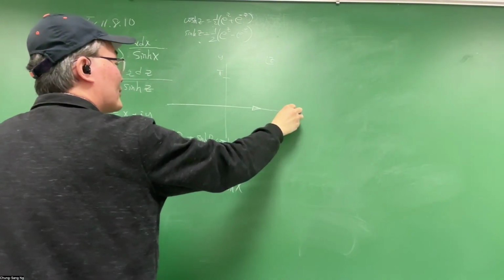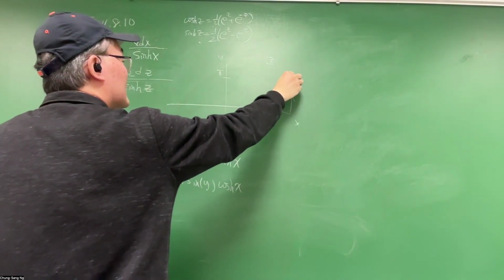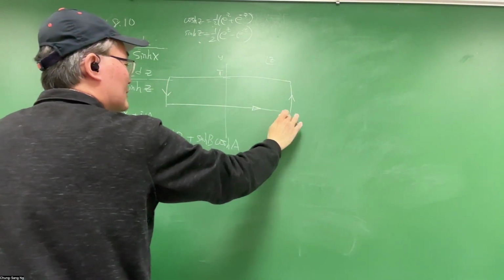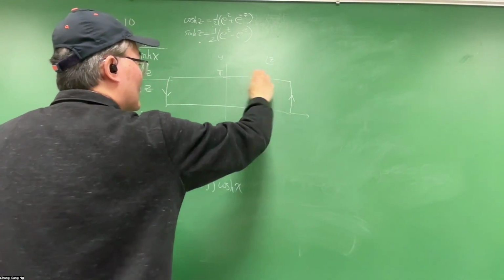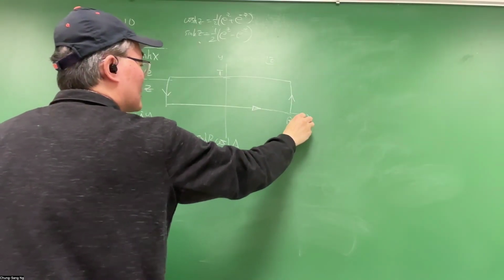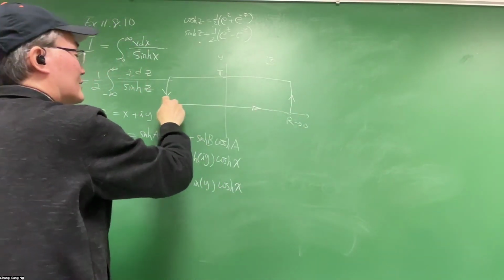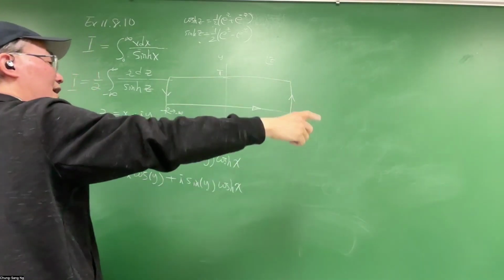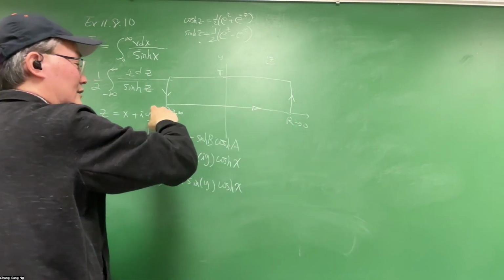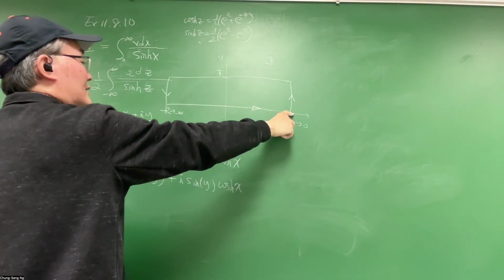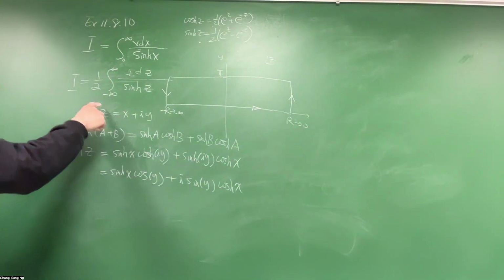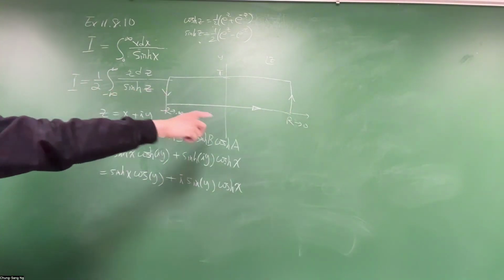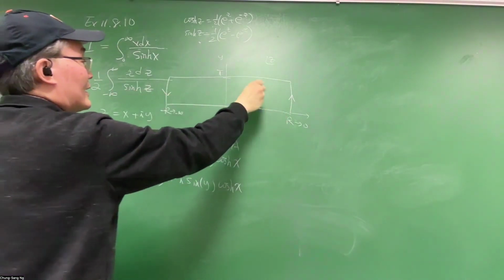Then you can connect the two by adding extra lines. This is a box with this location, r tends to infinity, and this is minus r tends to negative infinity. You introduce these two lines at large absolute x value, and the integral along these two lines is zero because sinh is large there.